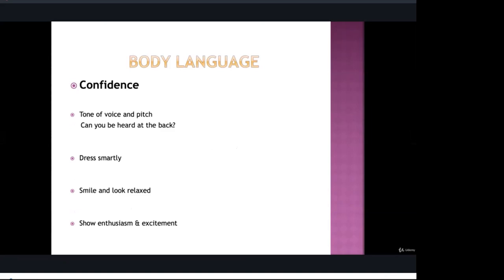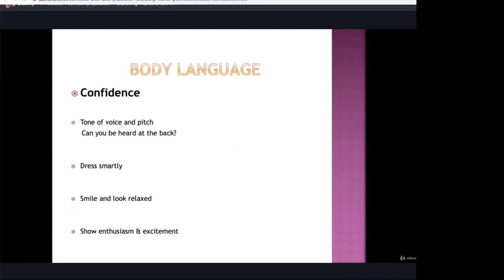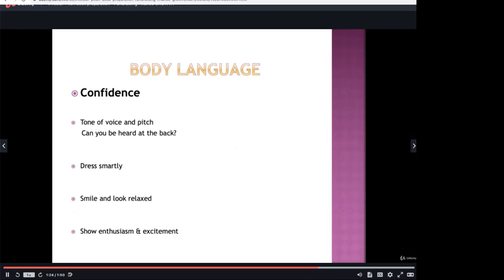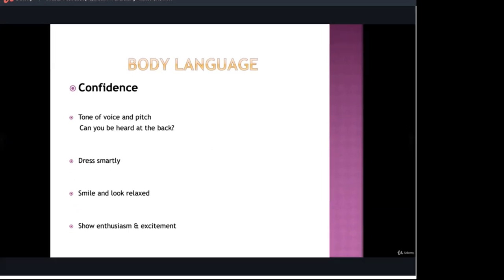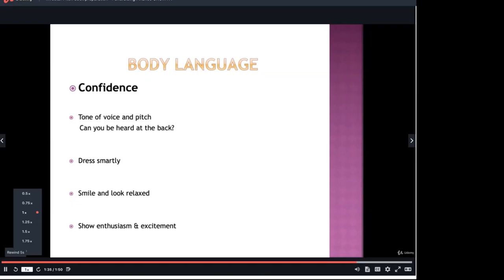Ensure your tone of voice and pitch is variable, i.e., do not speak in a monotone or flat manner. Pause whenever possible. Dress smartly. Have a smile on your face and look relaxed. Show enthusiasm and excitement. Avoid getting distracted by what the audience members or investors are doing. You must focus solidly on delivering the pitch correctly.